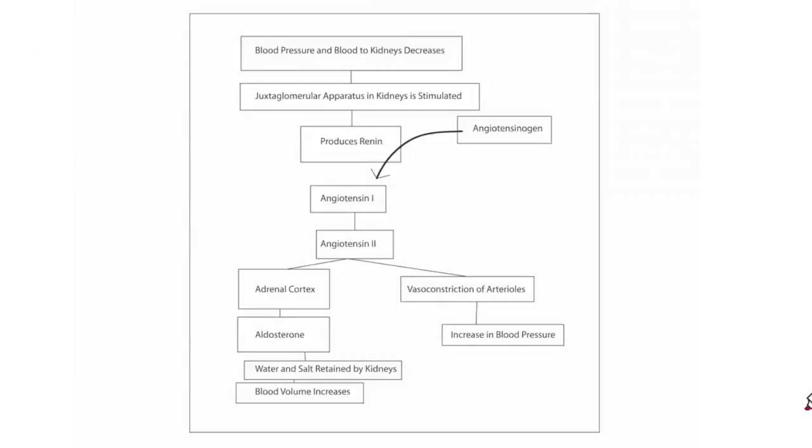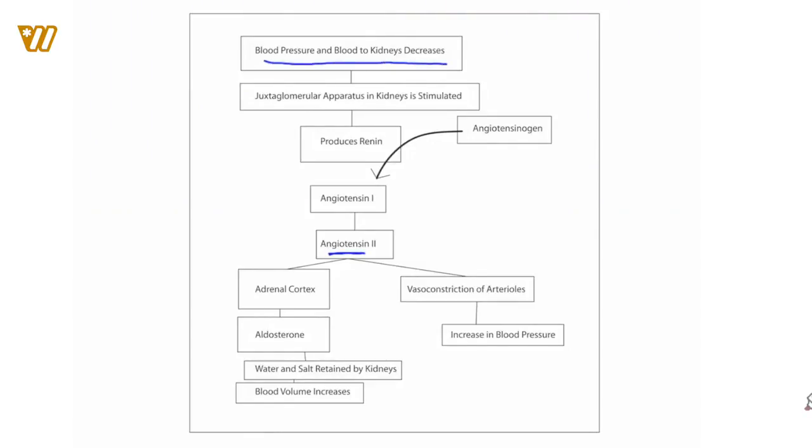The other thing that we need to talk about is our hormonal control. And I have a chart of the aldosterone pathway that I'm going to put up here, and we're going to talk about it on a whiteboard. So if you look at this pathway, this is the angiotensin II pathway. And this is a great way to visualize how blood pressure and the kidneys are related. So if you look at that top part, it says blood pressure and blood to the kidneys decreases.